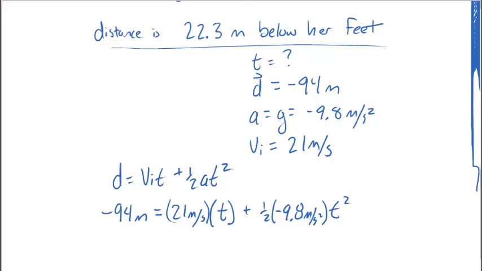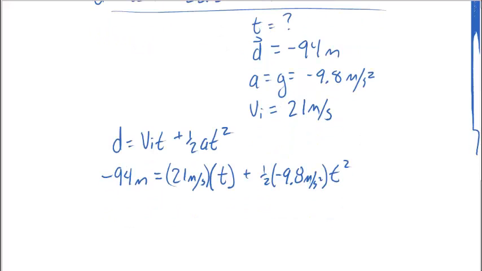And now I will simplify and rearrange. So move everything to the left, and if I do that, I get 4.9 t squared. That's from this 1/2 times negative 9.8. So that's negative, and if I add it to both sides, on the left it's positive 4.9. Then I get negative 21t minus 94 equals 0.